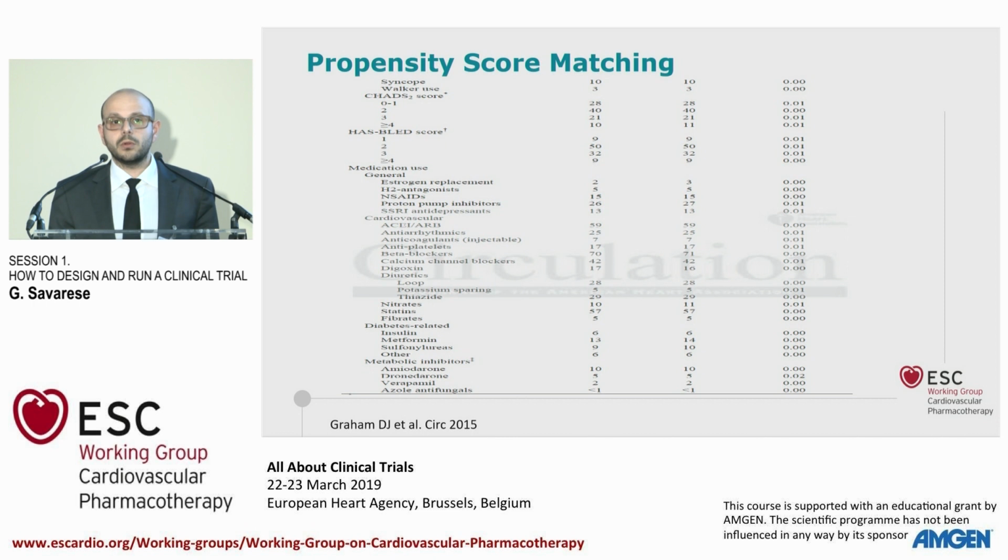So here we could actually assume that the two populations were completely comparable, and so we test the association between treatment and outcome, and we can discuss the effect of a treatment. This is not true, because there could still be confounding. The reason for that is that we perform a propensity score matching, meaning that we decided which variables to consider to run the propensity score matching. When we have randomization, we adjust for known and unknown confounders.